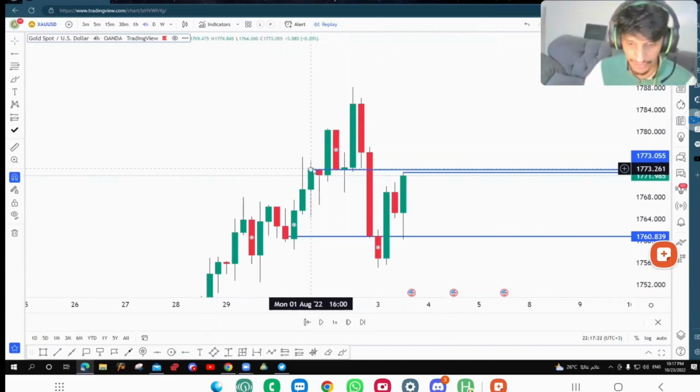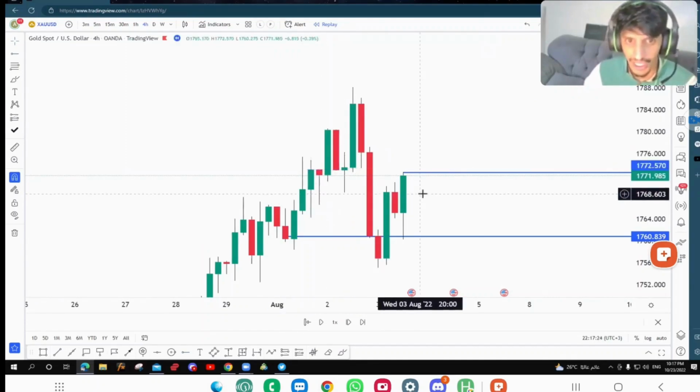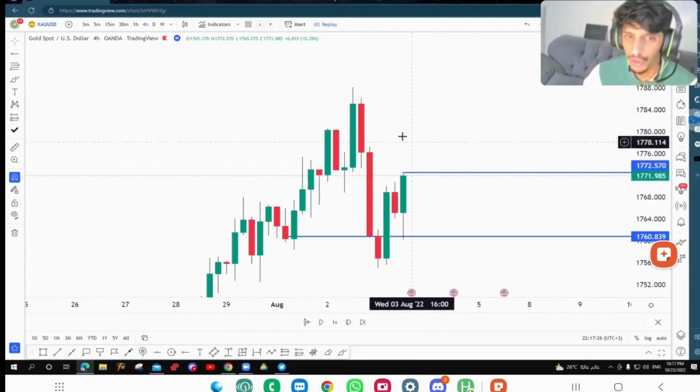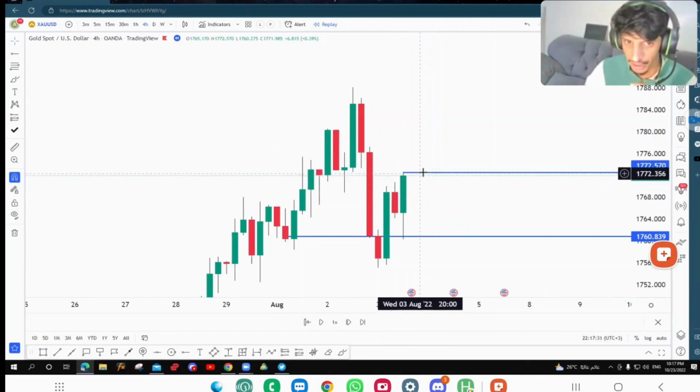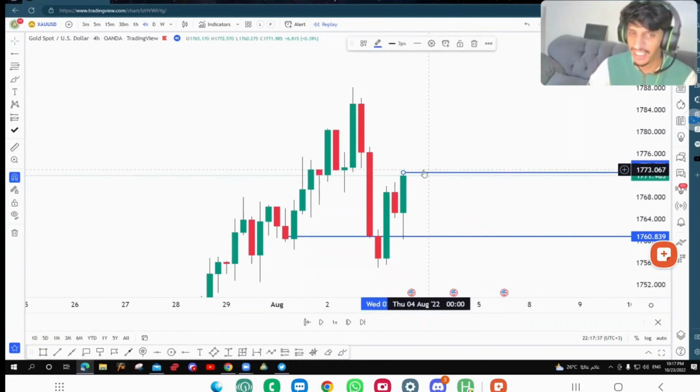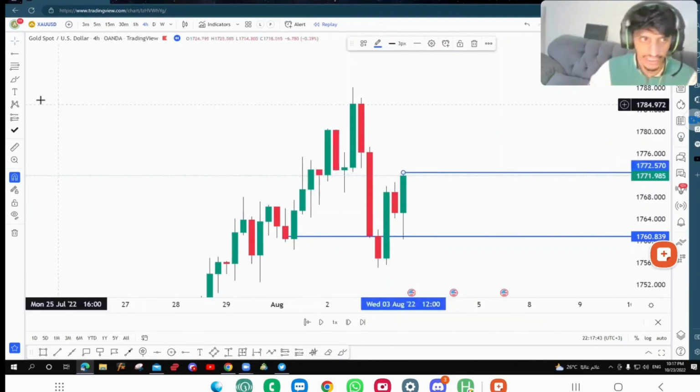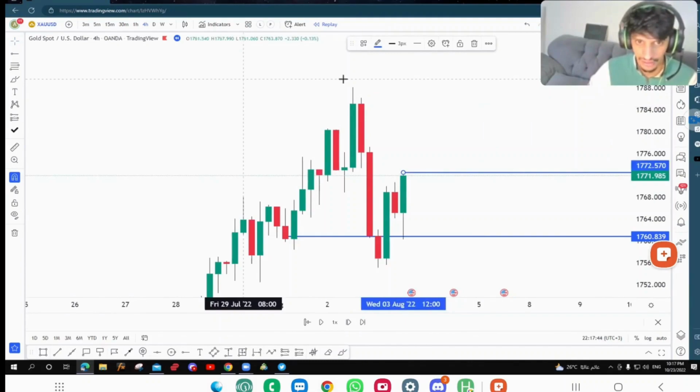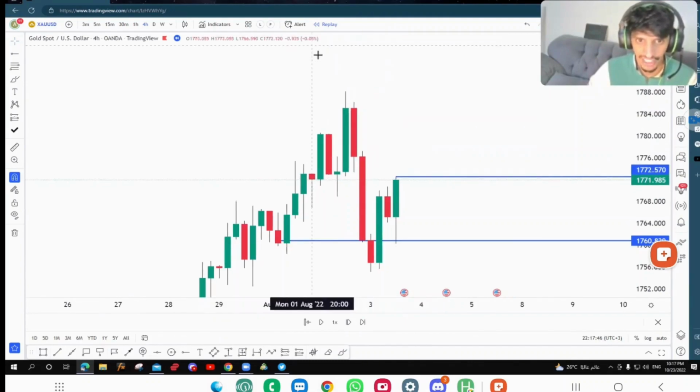very tough. Now, I don't know what will happen, but whatever happens here is going to be unexpected. I will not expect anything in here. Yes, it can break this high and go up.